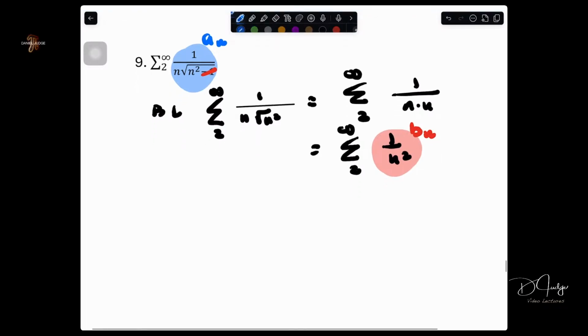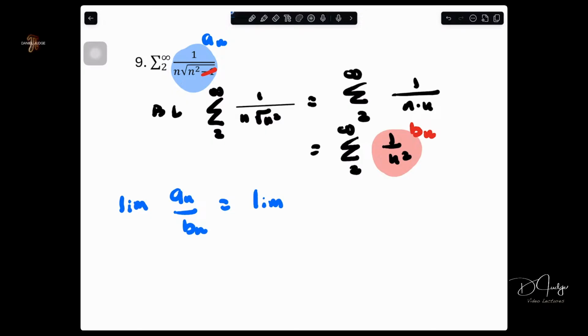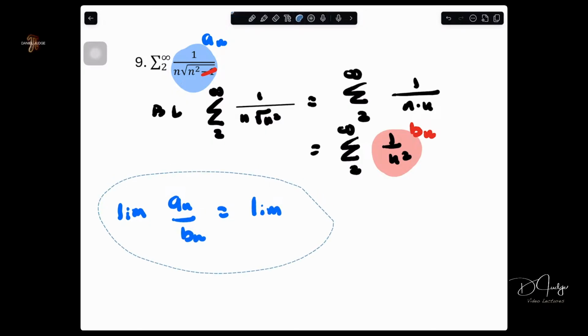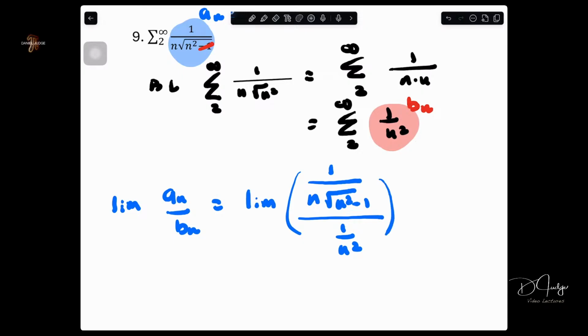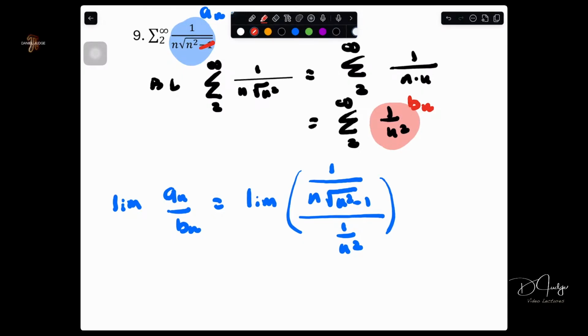We're going to have to look at the limit now of a_n over b_n, which is the limit of one over n square root of n squared minus 1, over 1 over n squared here. We're going to use some algebra here.